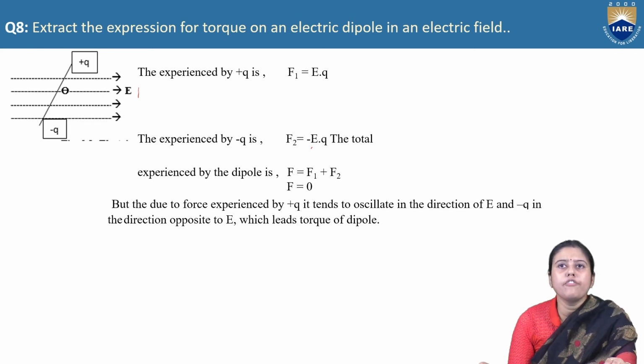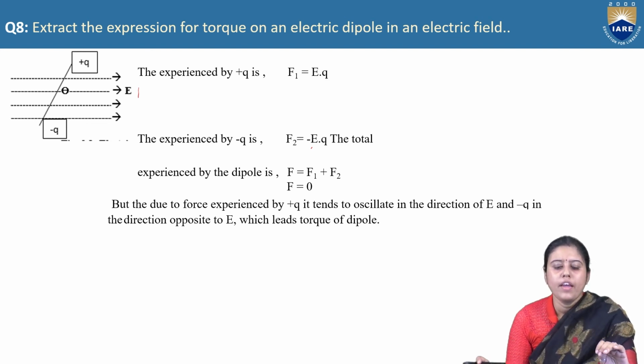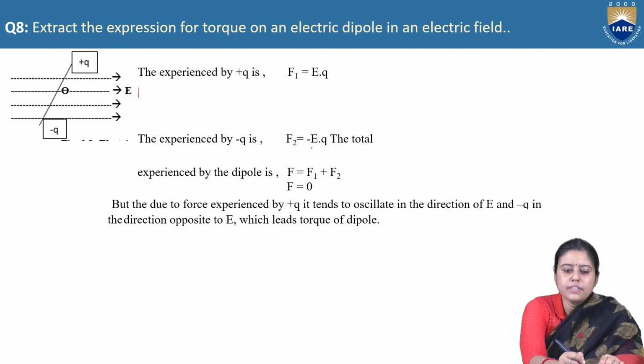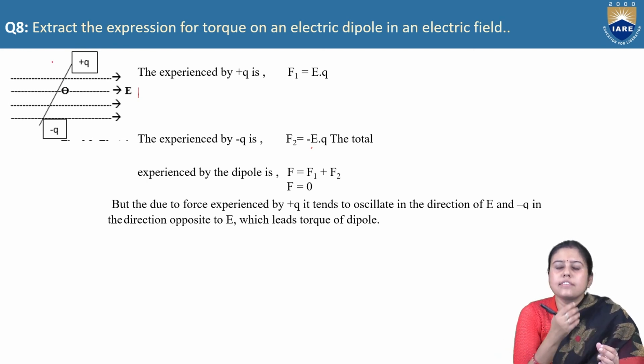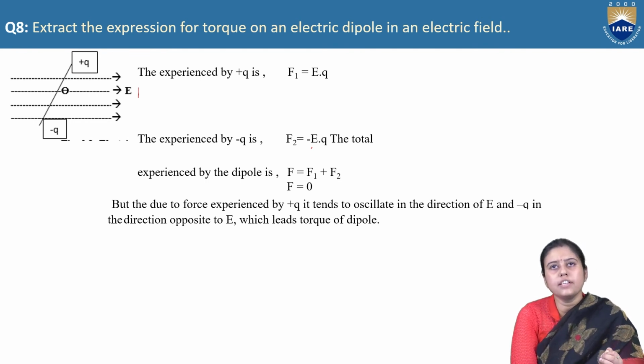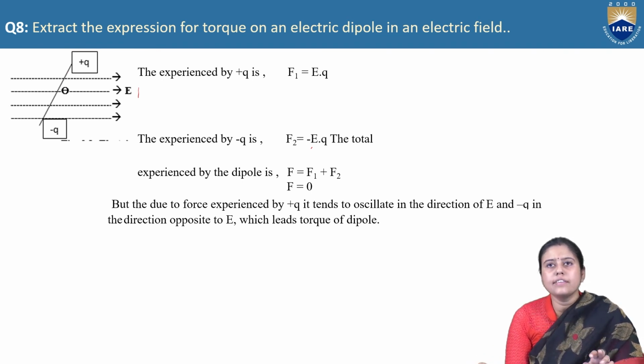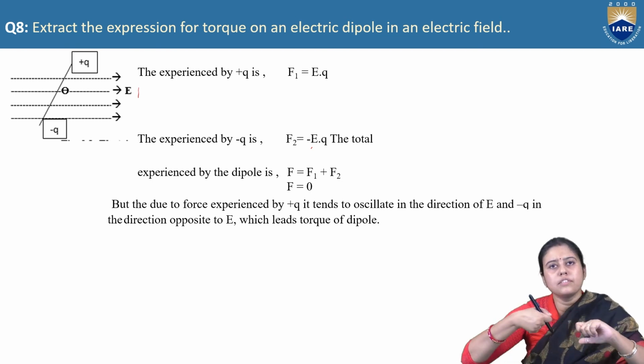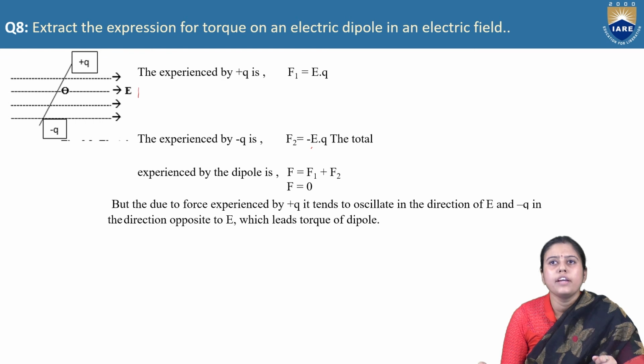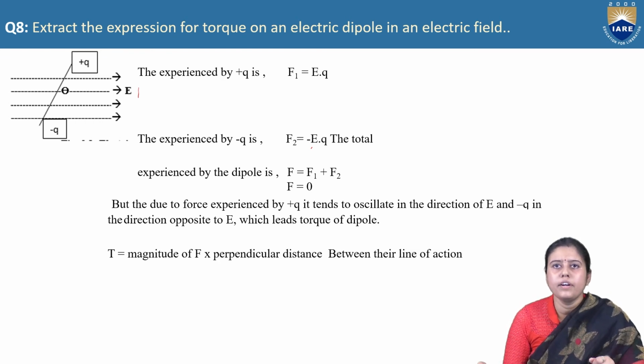But the force experienced by plus Q tends to oscillate in the direction of E. While the plus Q is attracting the minus Q, it creates some oscillation, and the direction of the oscillation is according to the direction of field E at the theta angle. Similarly, minus Q also creates some oscillation, and due to the forces on opposite sides, it leads to a torque on the dipole.